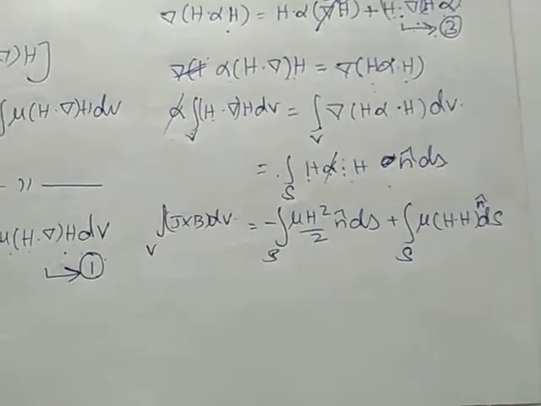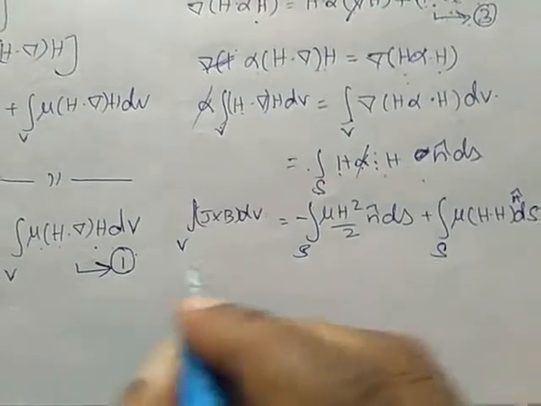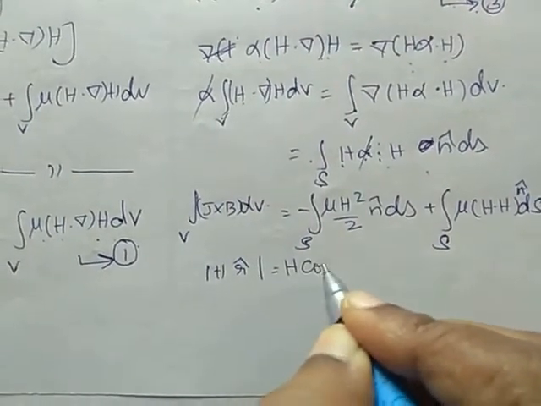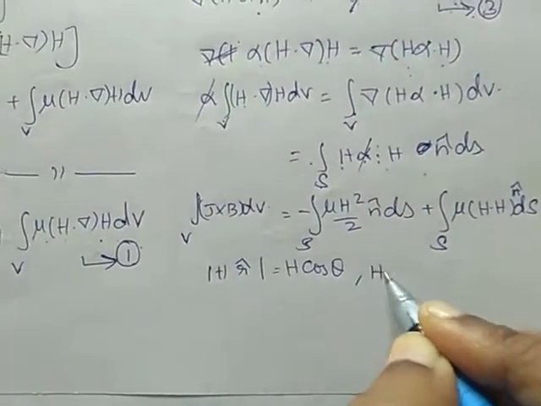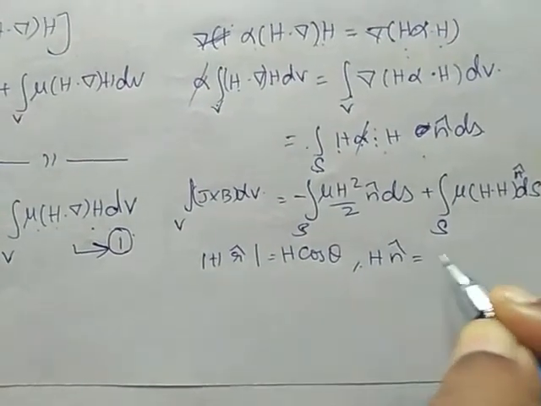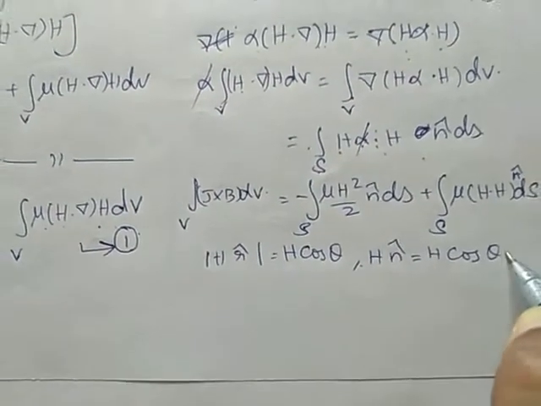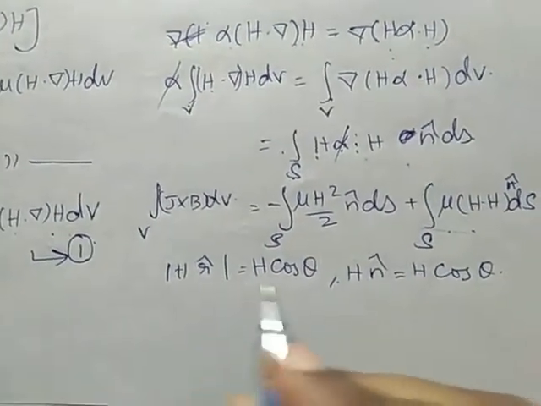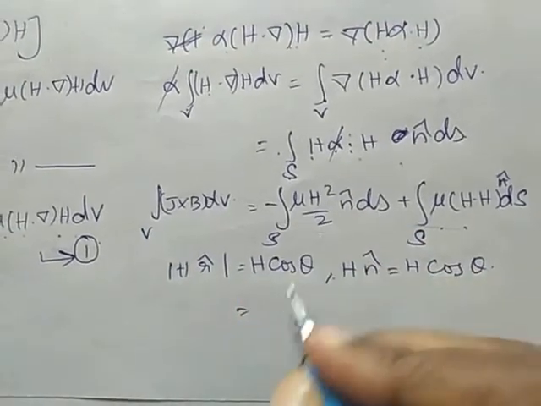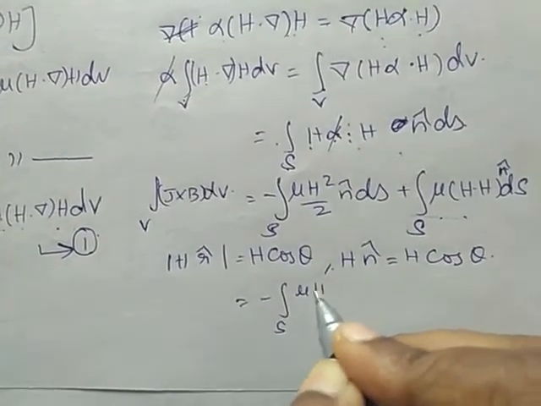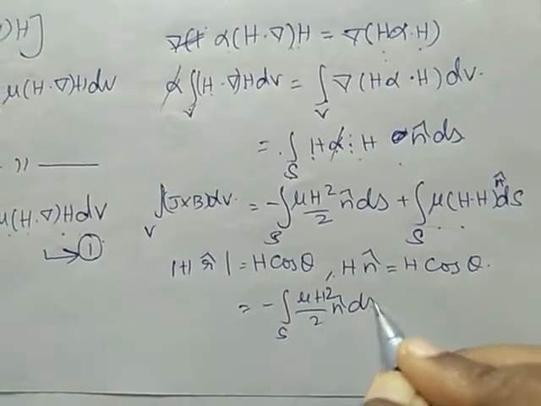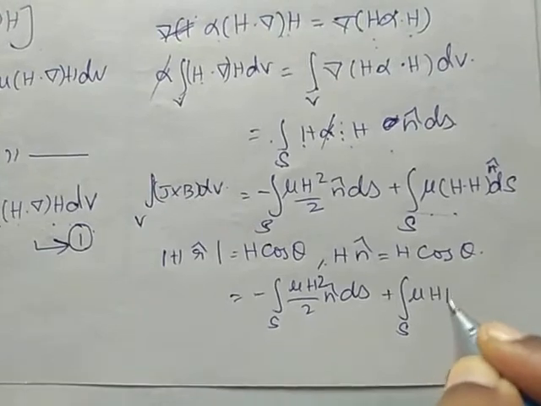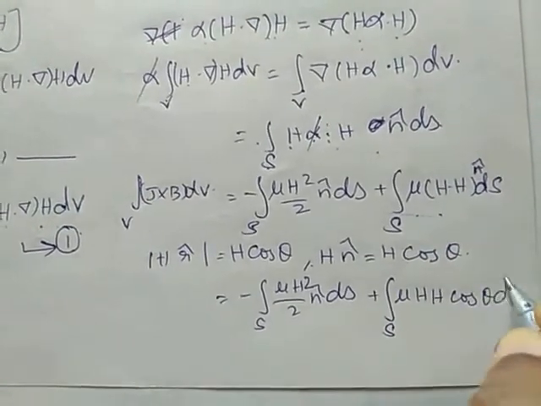Suppose the modulus of h n cap is equal to h cos theta, that is h n cap is equal to h cos theta, then our equation will reduce to this form. The first integral remains as it is, integral of mu h square by 2 n cap ds, and the second term is integral of mu h dot h cos theta ds.